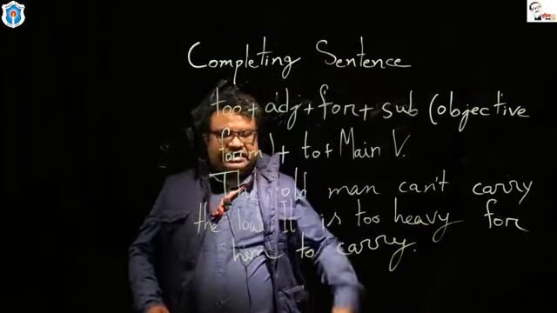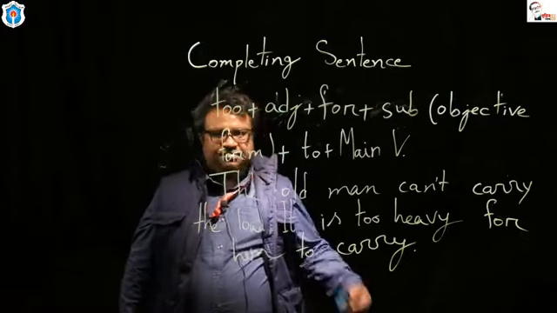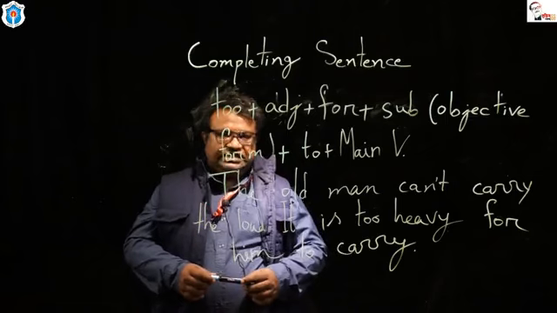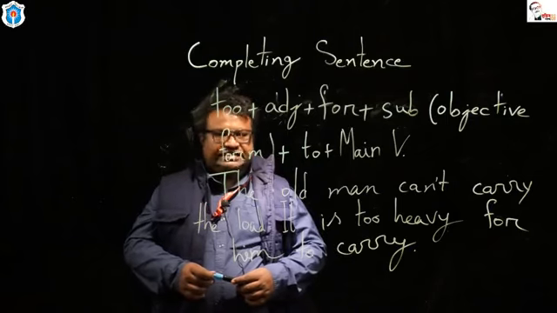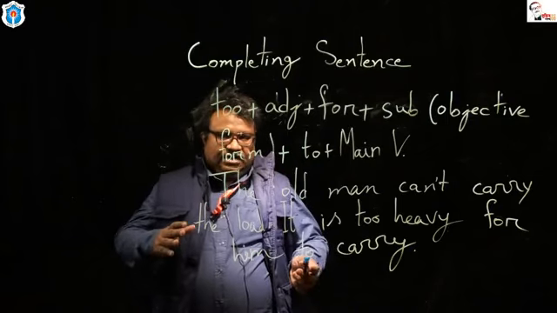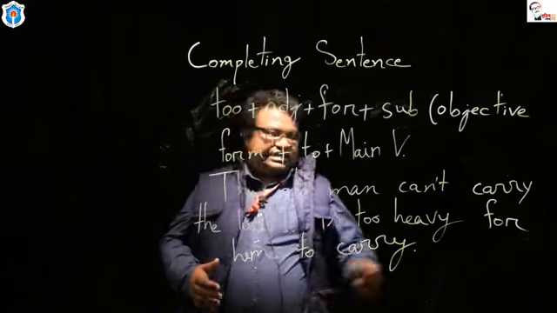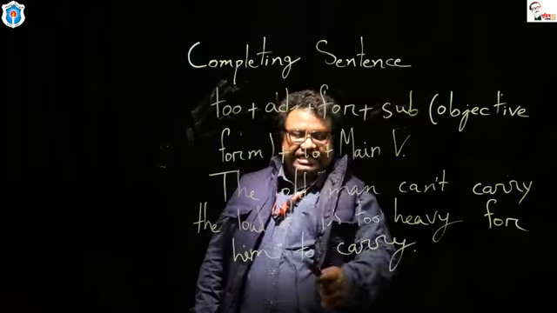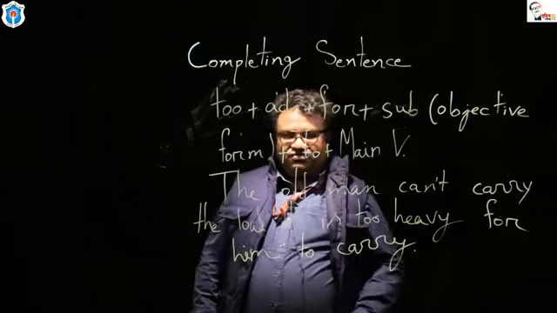The old man can't carry the load, it is too heavy for him to carry. So this is a particular sentence which we can see. So the very structural difference is, if there is a for, then we will use the objective form of the subject, then to plus main verb.